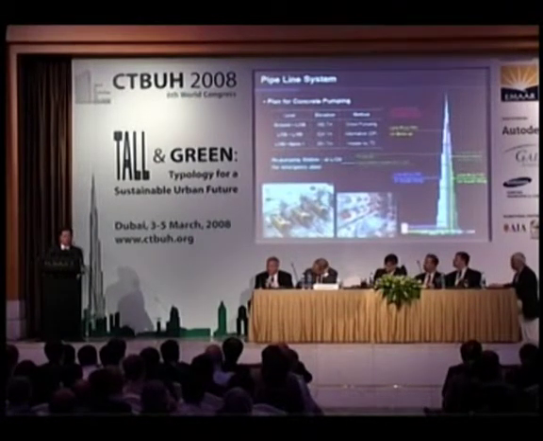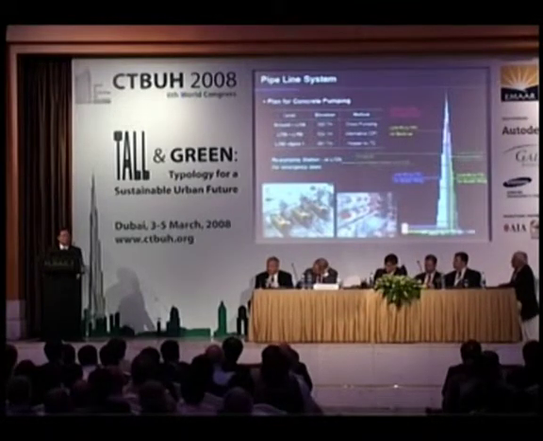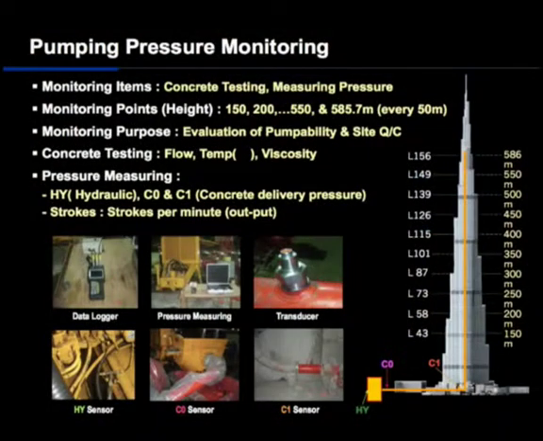But this did not happen, because we were able to reach more than 600 meters. Also, to check the pumpability, we check the pumping pressure: every 50 meters we put a sensor and monitor the pressure of the concrete pipelines.